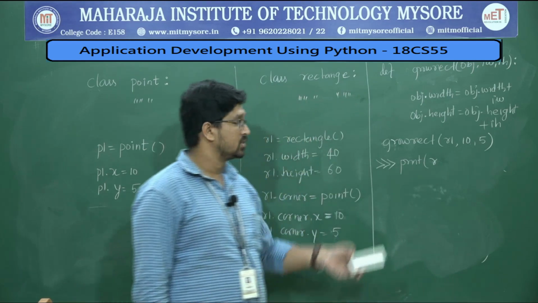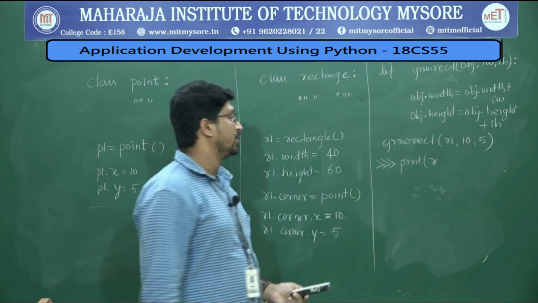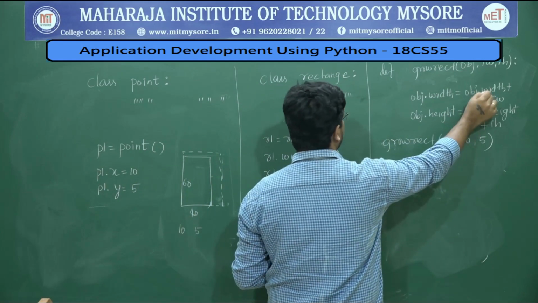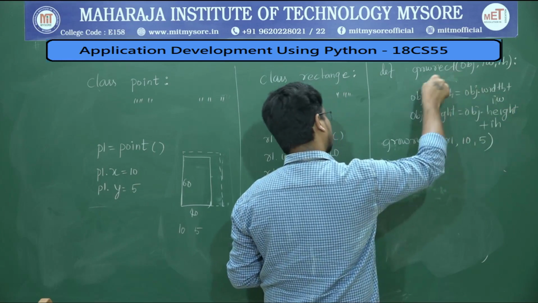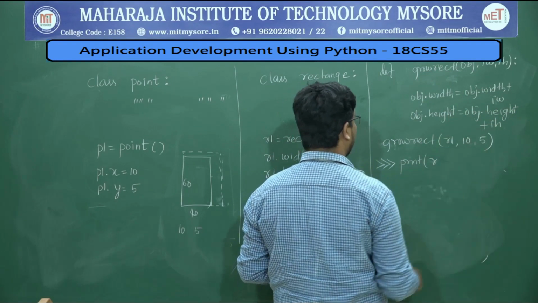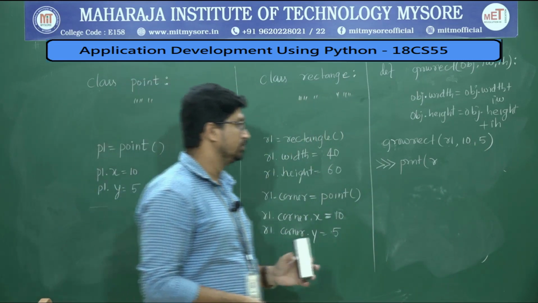When you pass like this, it will go to grow_rectangle with R1 values: R1 width 40 plus 10 is added and stored back to obj, then R1 height is 60, 60 plus 5, 65 gets stored.